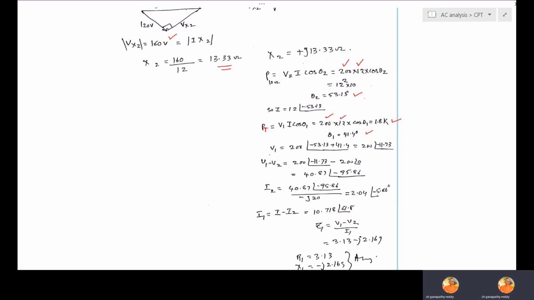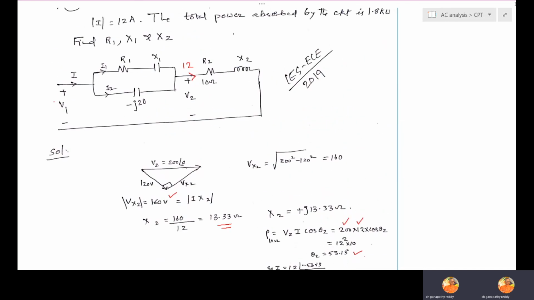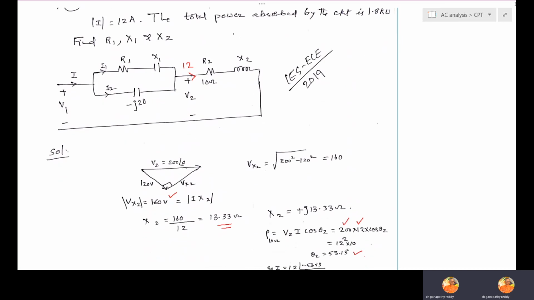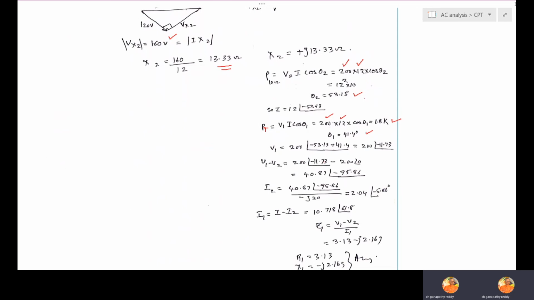Now what is the V1 angle? V1 magnitude is 200. With the help of the angles, we have to find the V1 angle.